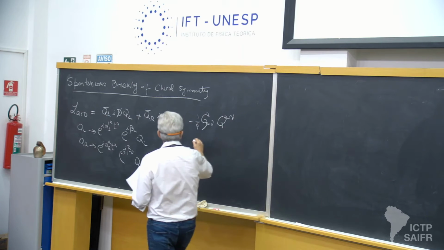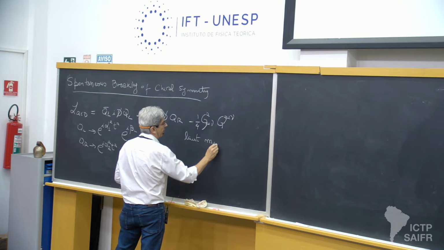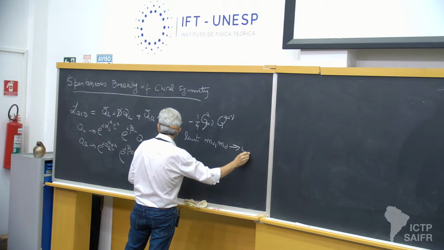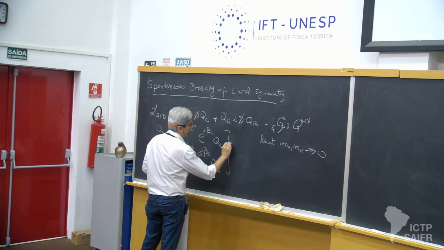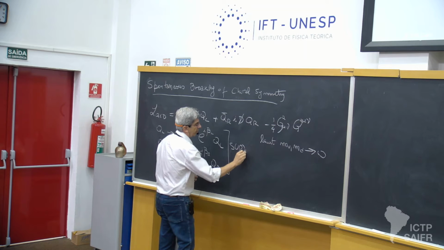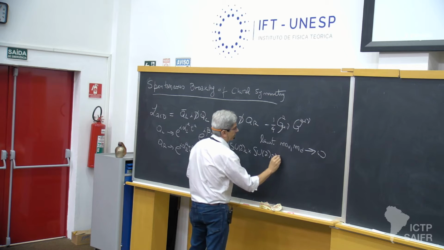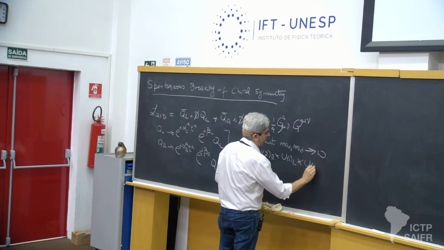This is in the limit in which m up and m down are 0. And this is SU2 left times SU2 right times U1 left times U1 right.